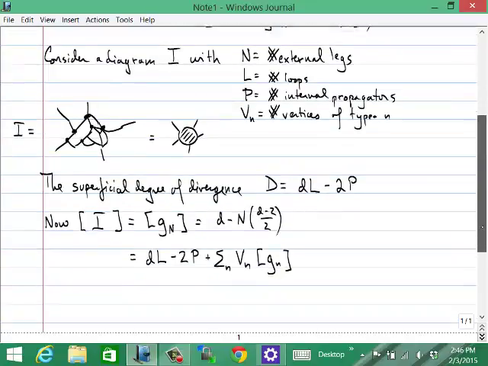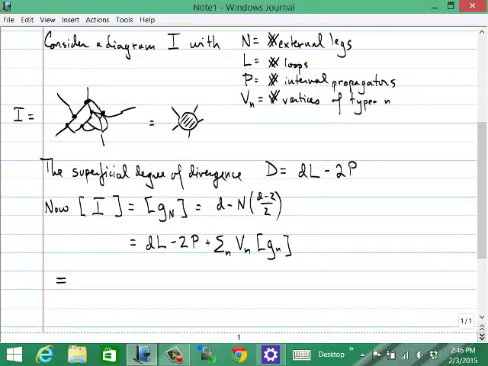So you can then just go ahead and solve that equation for the superficial degree of divergence. That was dL minus 2p. So just comparing this equation with this equation, we see that the degree of divergence is the dimension of the coupling constant G sub capital N minus the sum over n of Vn times G sub little n.